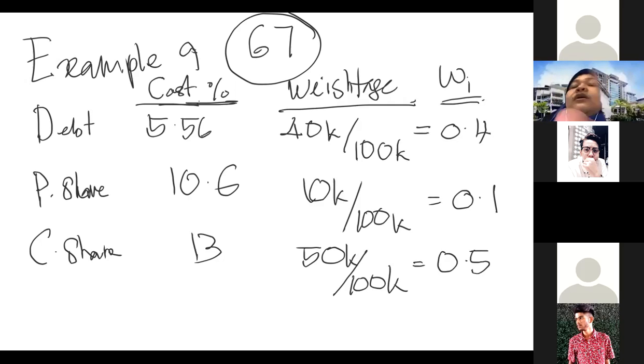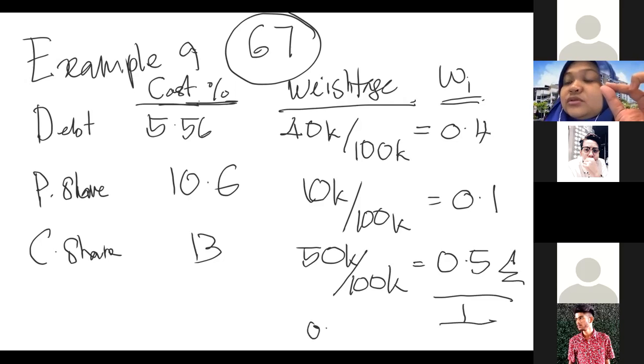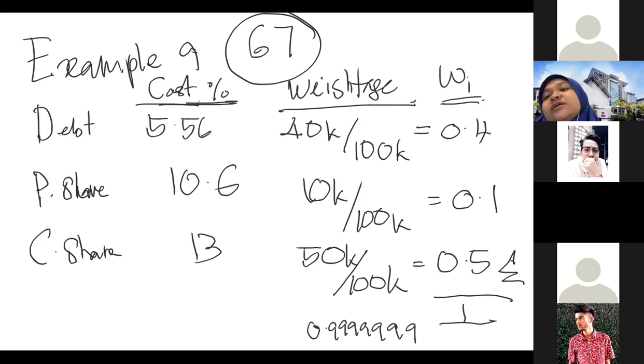If you want to know whether your calculation of weightage is right or wrong, sum up all the weightage, it will equal 1 ataupun near to 1. Near to 1 maksudnya ialah 0.99999. So bila you round up, dia akan jadi 1 juga. Okay, so it's either 1 or near to 1.